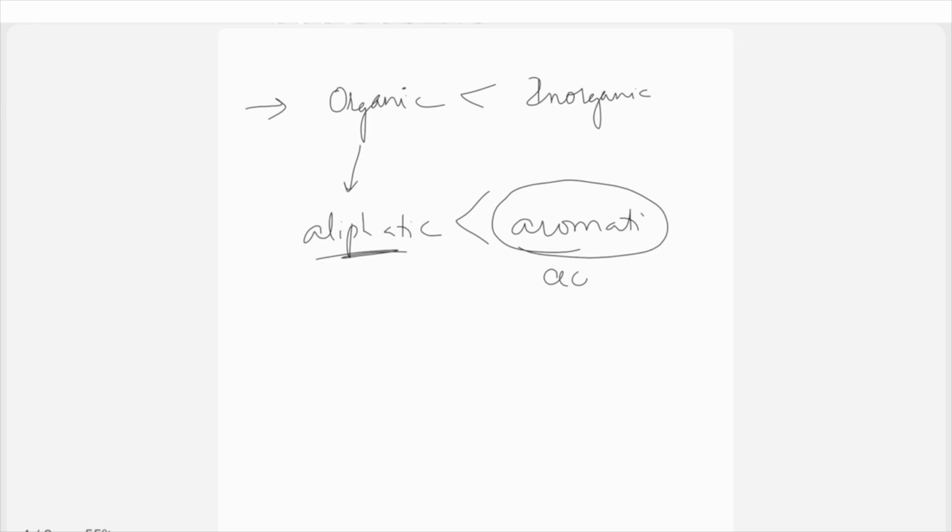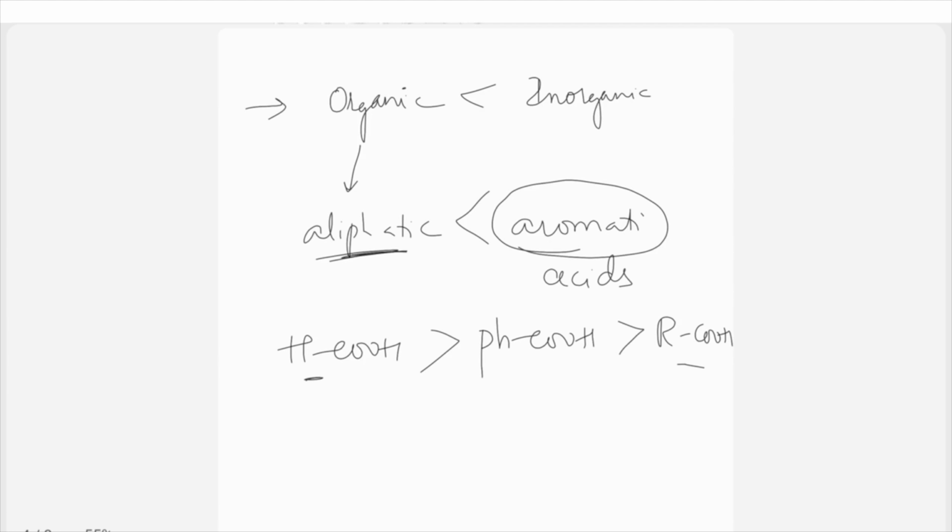So aromatic acids are more acidic compared to that of the aliphatic acids. But the exception is formic acid. Formic acid being aliphatic also it is more acidic. So formic acid being more acidic compared to benzoic acid, compared to the normal alkyl or aliphatic acetic acid or aliphatic carboxylic acid.